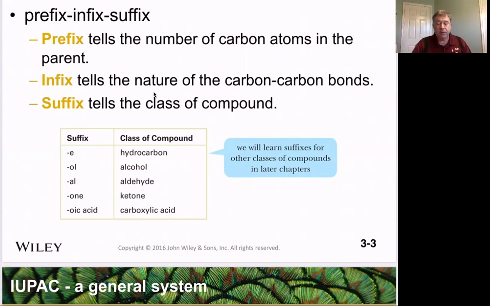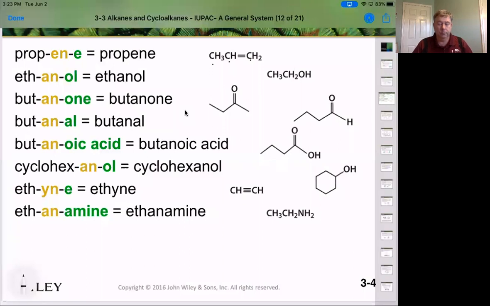So in this first compound here, we have a total of 1, 2, 3 carbons. So that means prop is our prefix. Okay, so let's use all those again.